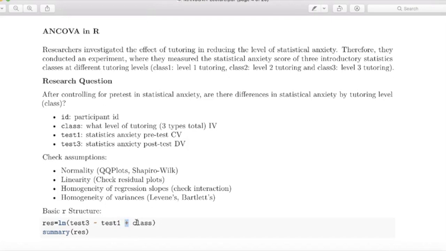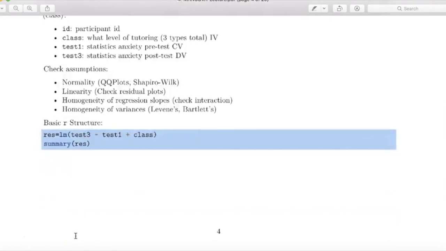I wasted like 15 minutes with an error in R the other day because I didn't have it there. And then you would have the independent variable, and you can have more independent variables. I just simplified this example. And then I usually use summary just to open up everything that got stored into this res variable.